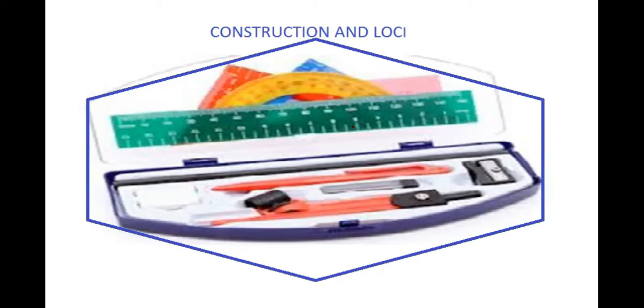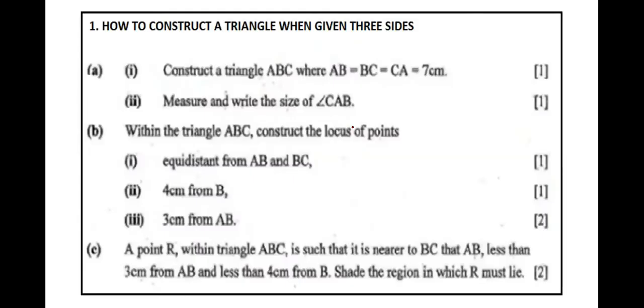To start with, we'll begin by demonstrating how to construct a triangle when given 3 sides. The sample question has been extracted from one of the past papers, and it reads: construct a triangle ABC where AB equals BC equals CA equals 7 centimeters.